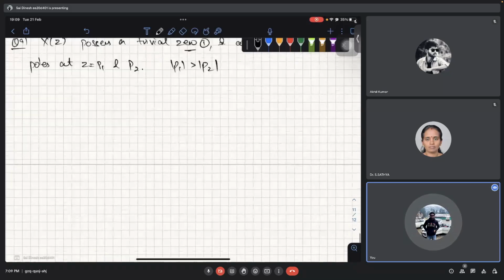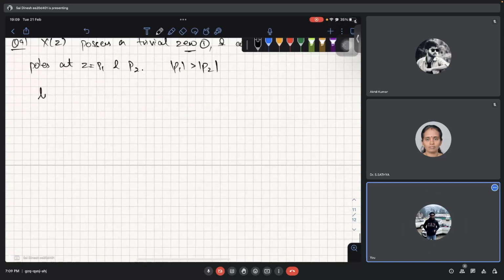And then one more thing he has given in the question: limit z tends to infinity of x of z inverse is equal to 1.